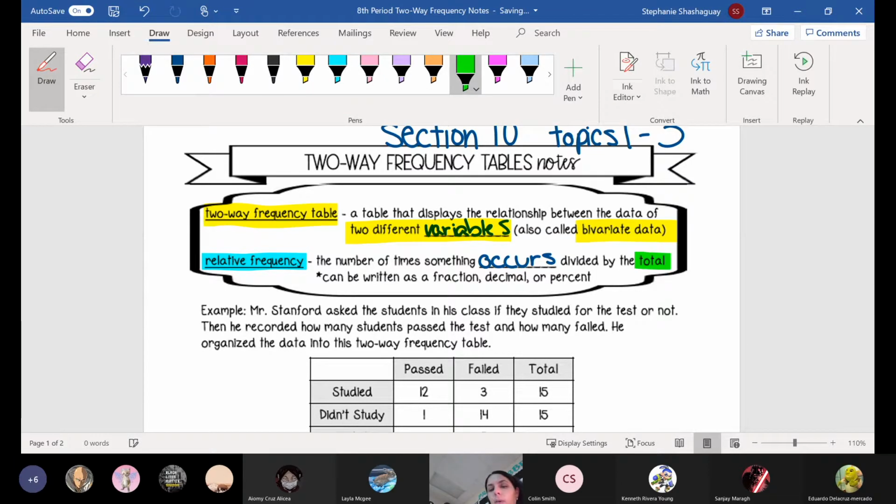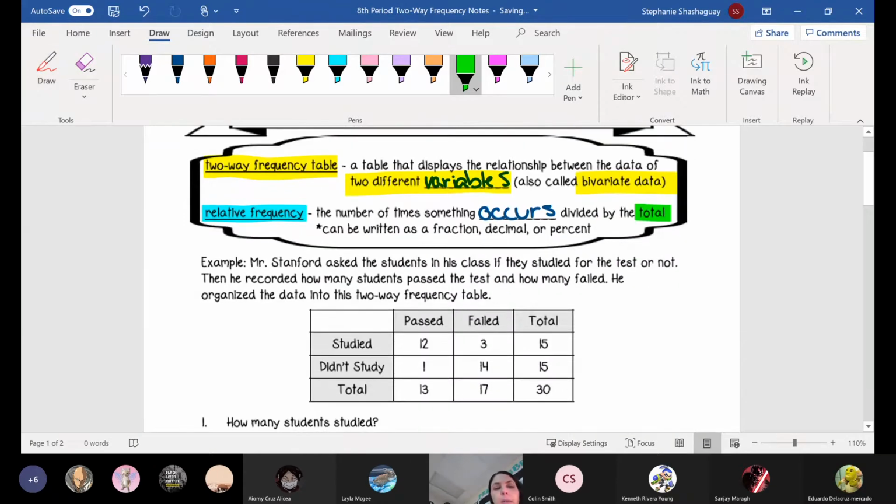When we're dividing by a total, it can either be the total number surveyed or the total within a row or a column. So relative frequency can be any of the totals. These are all of our totals here in this two-way frequency table. And most of the time, we're going to list it as a percent.